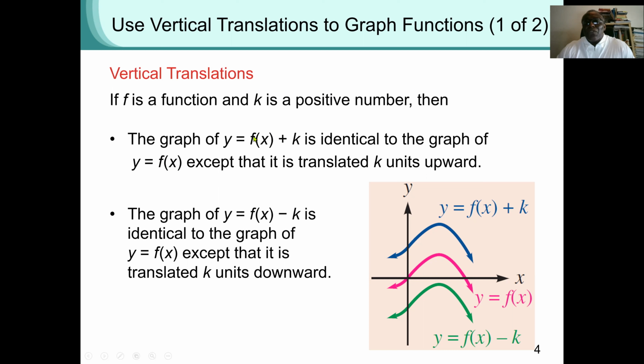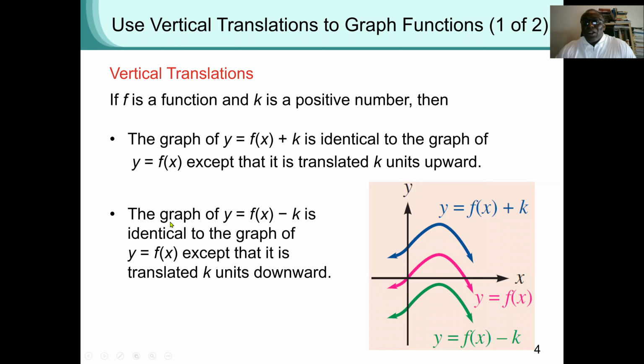Again, since this is f of x plus k, it will translate k units upward. The shape of the function will be the same. But again, y equal to f of x plus k will translate k units upward.